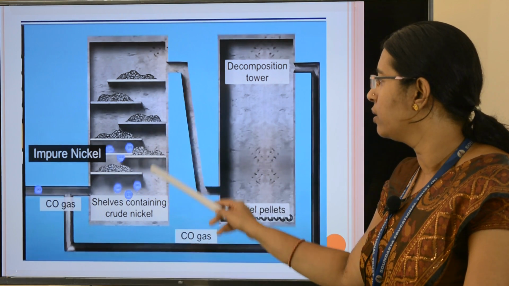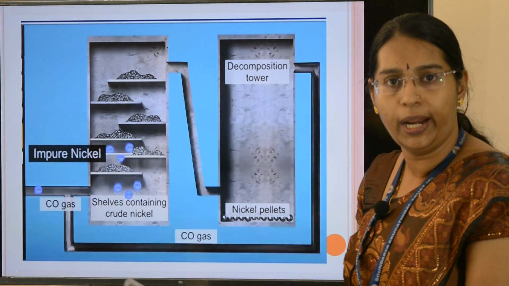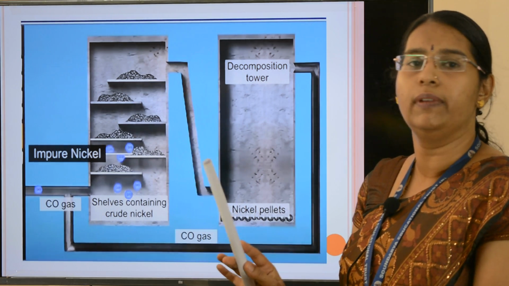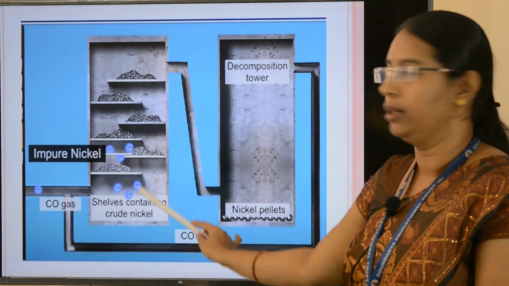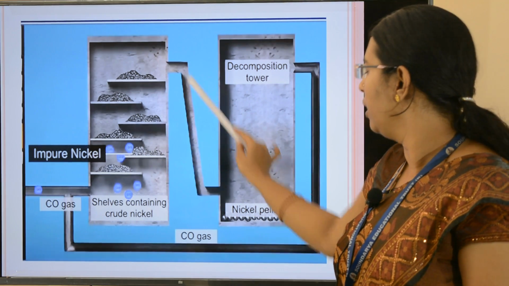When carbon monoxide vapors are passed and it is heated to about 50 to 80 degree centigrade, initially we will get nickel tetracarbonyl that comes out through this container.